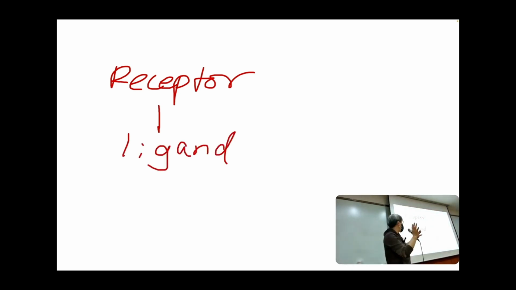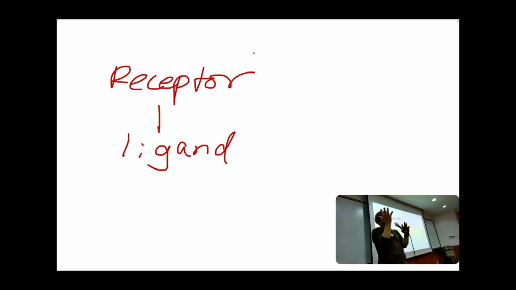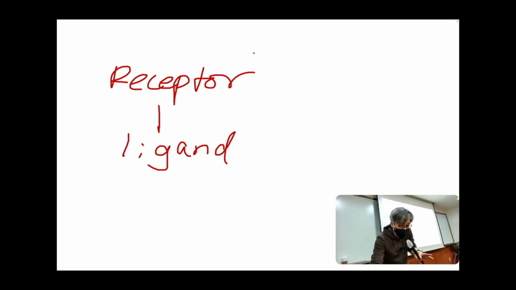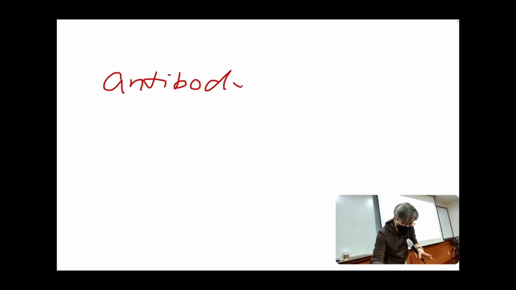This is another vocabulary. A ligand is a very specific small molecule that specially fits into a specific type of receptor. And in the case of an antibody, what about it? An antibody always has a special relationship with its antigen.